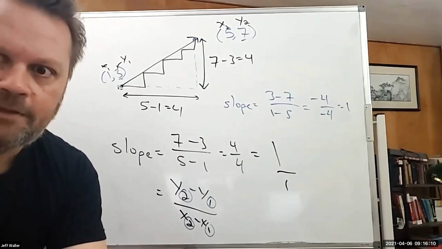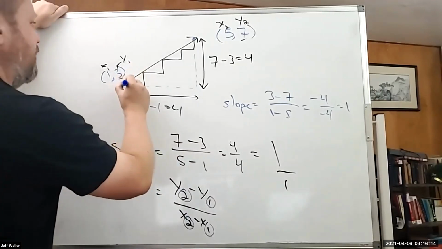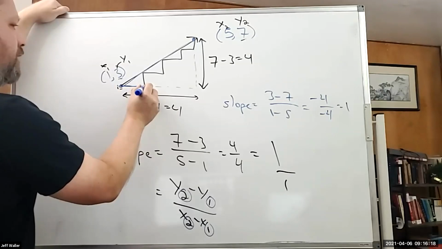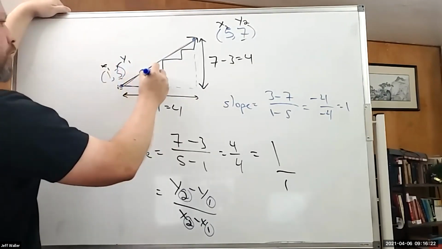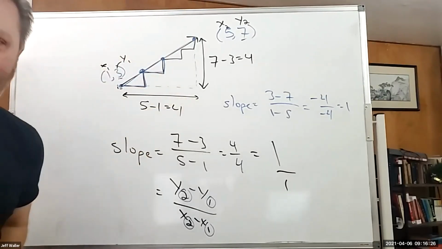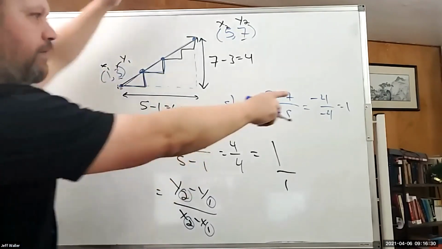All slope tells you is, if this is a path I'm supposed to be on, if I go over 1, the slope tells me to go up 1 and I'm back on the path. If I go over 1, the slope says go up 1, you're back on the path. But look at this.